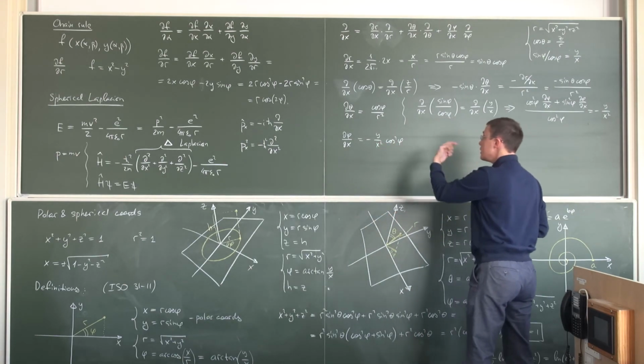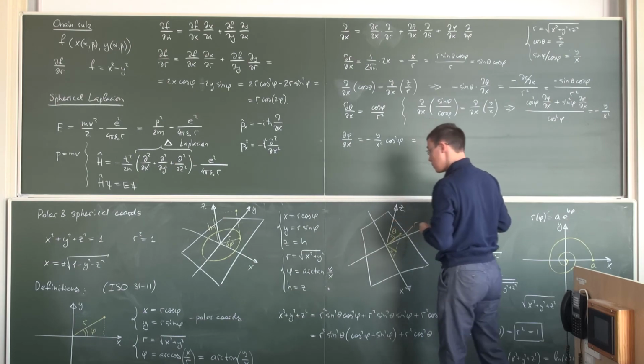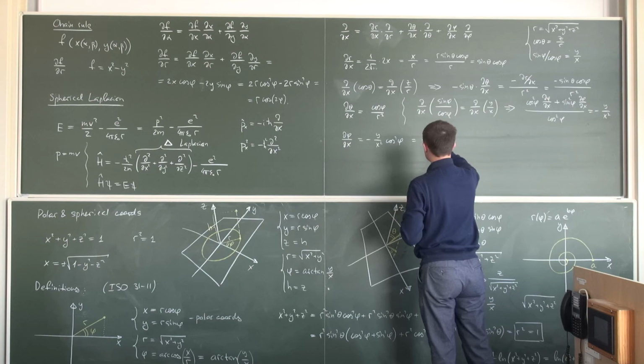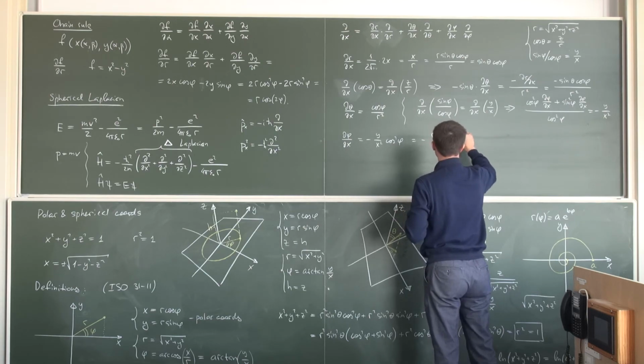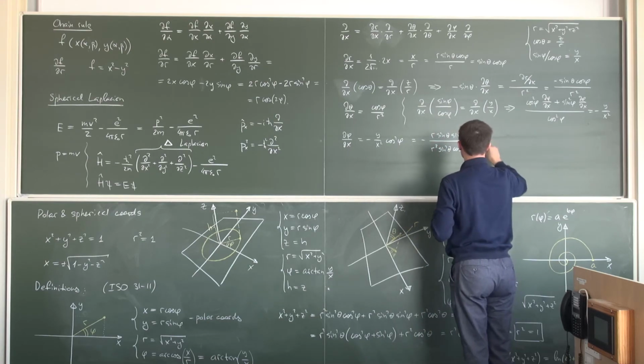And finally, we need to substitute the actual y and the actual x. So in spherical coordinates, y is r sine theta sine phi over r squared sine squared theta cosine squared phi, cosine squared phi.